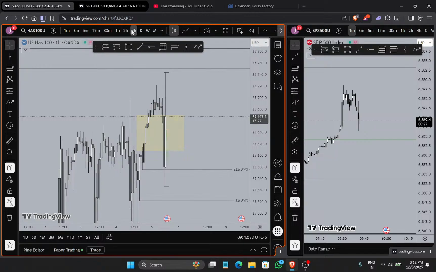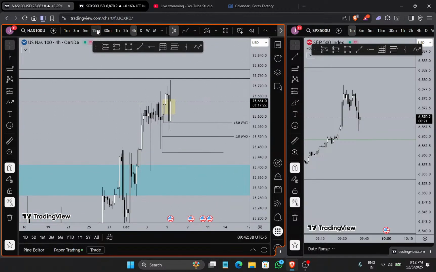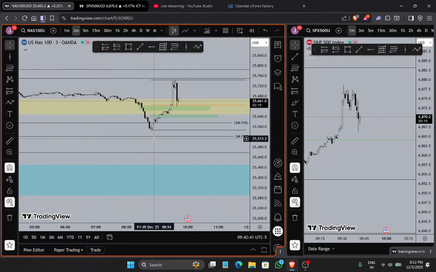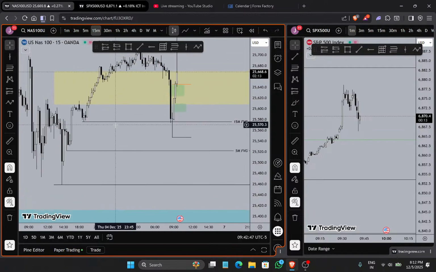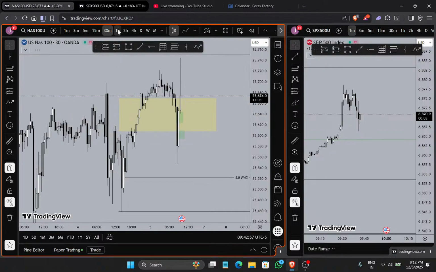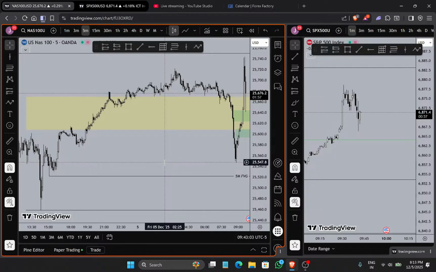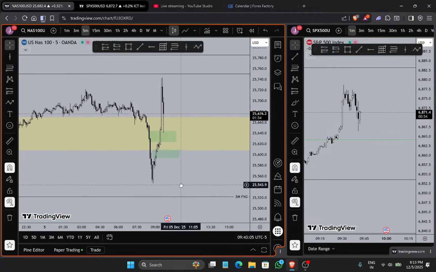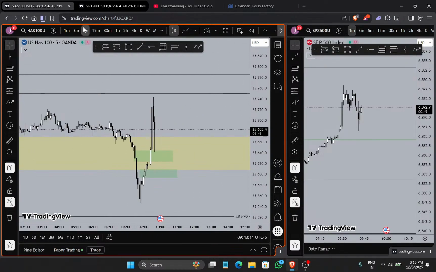Let's see if we have some other levels to trade. So we have to long from here.